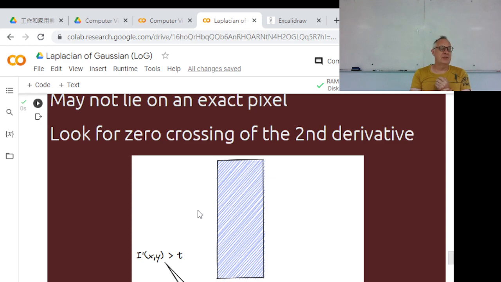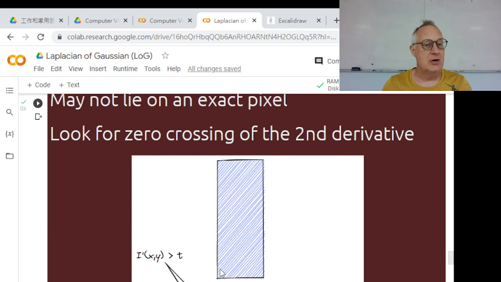For the zero crossing operator, Laplacian operator, however, if it is flat and there's one pixel that is one above, then that is also going to change the second derivative, right? Because it doesn't matter how high this peak here is, the fact is the function is going to go up and then it's going to level off. So if this is only one pixel, then that's enough for an edge if we look at the second derivative.